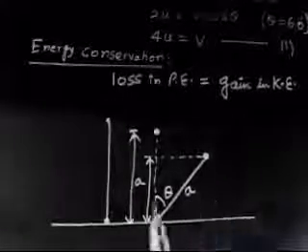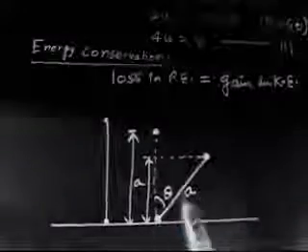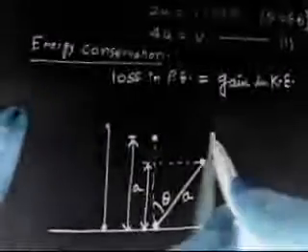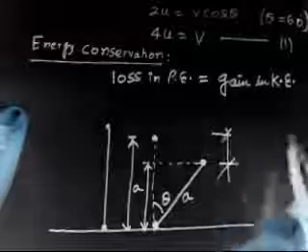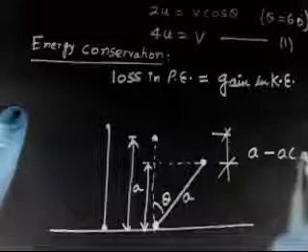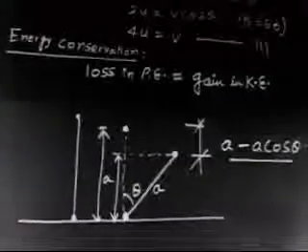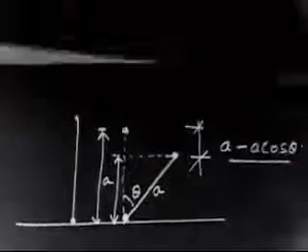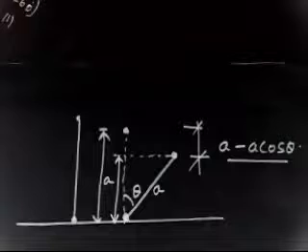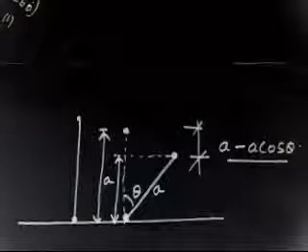This length is A, so this length will be A cos theta. So this change in potential energy, this is the loss, that is A minus A cos theta. This is a loss in height. Are you getting or not?